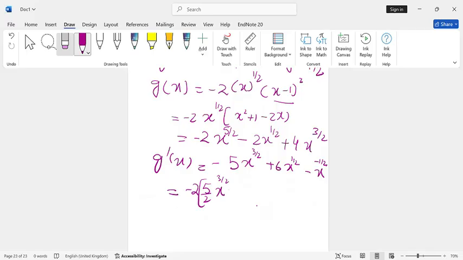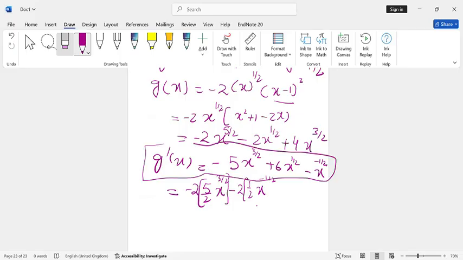All right, minus 2, power is 1 by 2, x power is, we get the answer minus 1 by 2. This is the answer we get after taking the derivative. Then minus x, and then 4, we get the answer 3 by 2, x to the power 1 by 2.